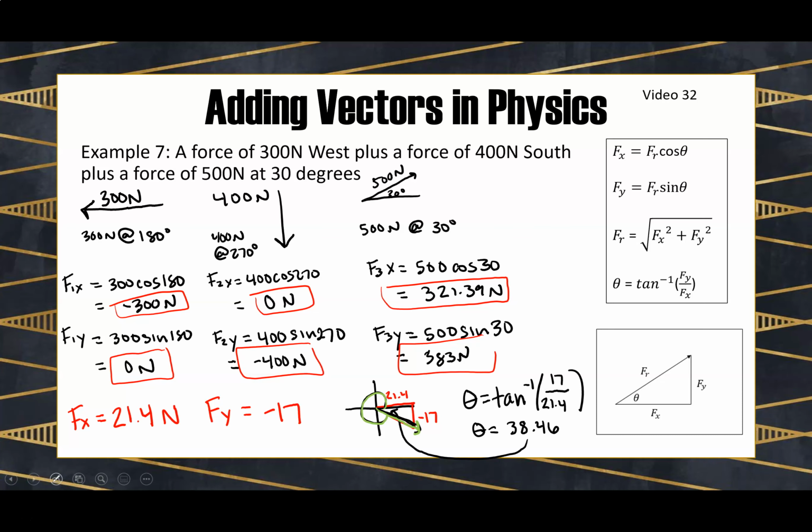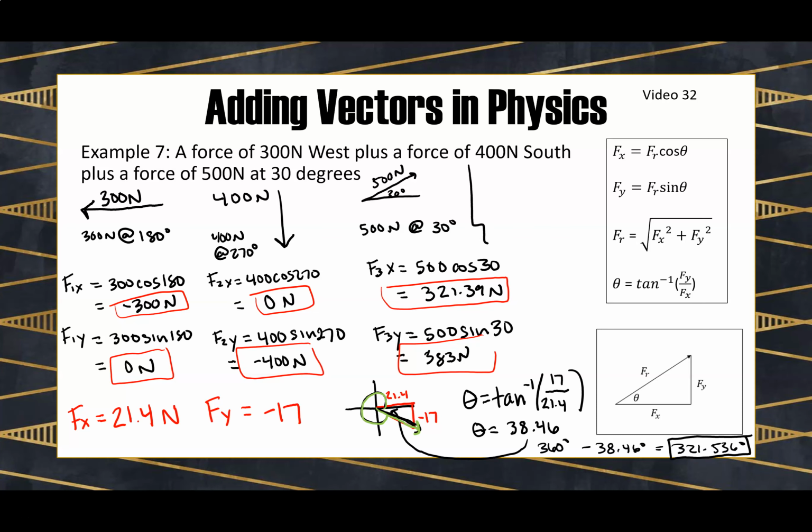So of course, to do that, we do what minus what? We're going to do 360 degrees minus that 38.46 degrees, and that's going to give me 321.536. And that's how I get that.